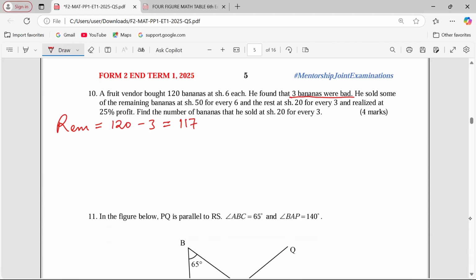So we'll be selling 117 bananas in groups of 3 and also in groups of 6. Now, can we get the buying price of these bananas, which is 120 bananas at 6 each? So 120 multiplied by 6 each, we're getting a buying price of 720 Kenya shillings.